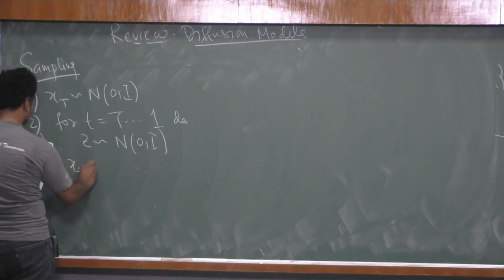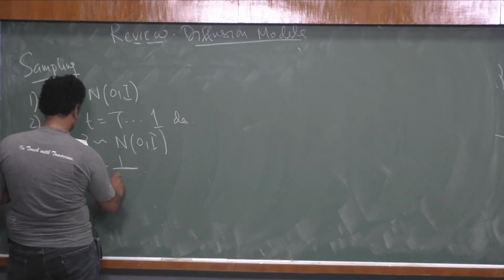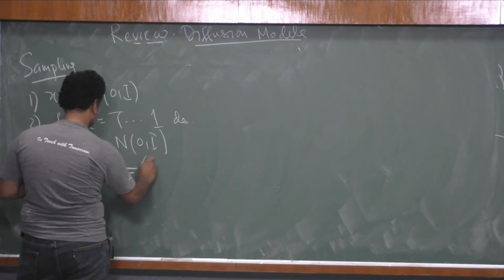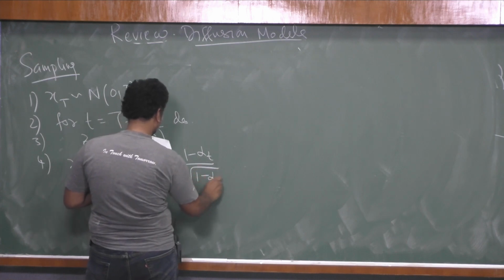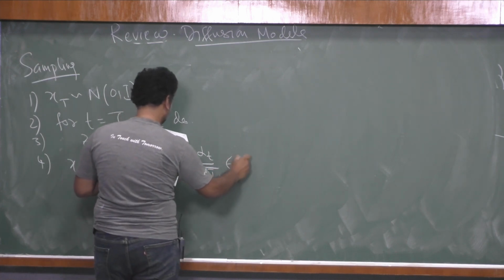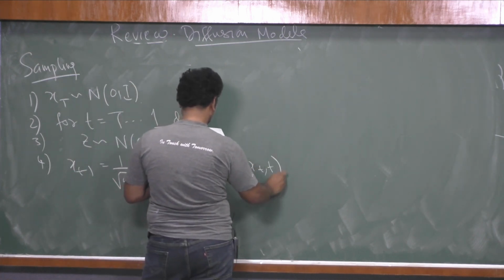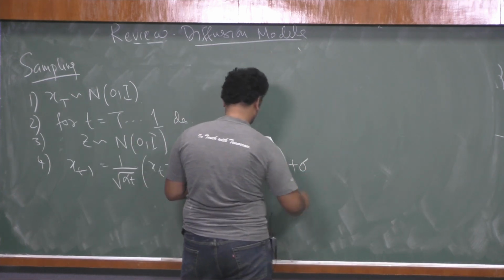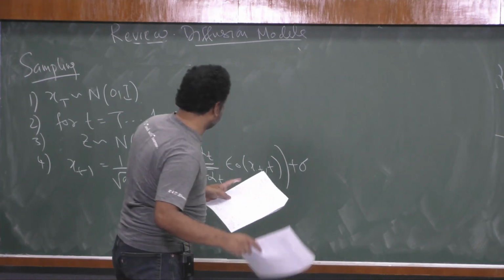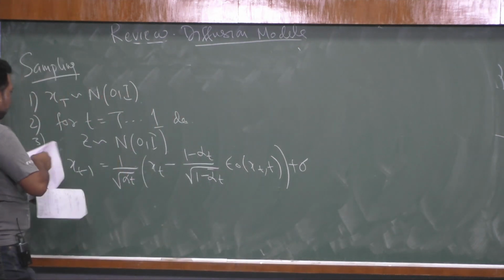Fourth step is xt minus 1 is 1 by square root of alpha t, times xt minus 1 minus alpha t over square root of 1 minus alpha bar t, epsilon theta of xt, t, plus sigma t z, I guess.